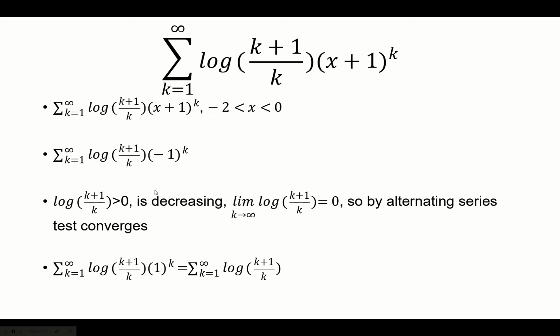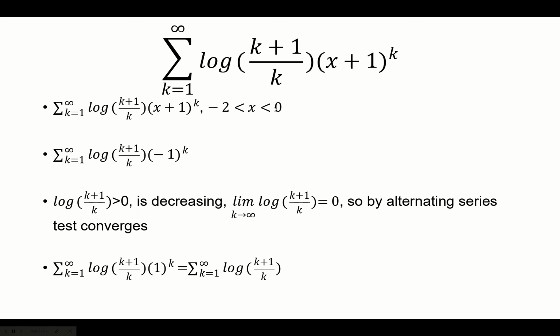It's decreasing, and you can show it's decreasing by taking the derivative. And also the limit goes to 0. So all conditions are met, and the series converges by the alternating series test.